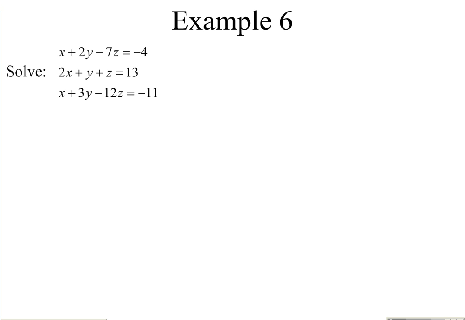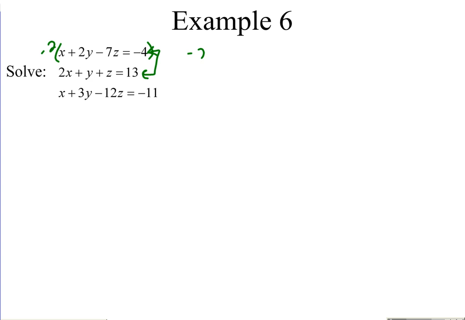Number 6. All three variables represented in all three equations. I'm going to eliminate x's here. So if I'm going to eliminate x's using these top two equations first, I need to multiply the top equation by negative 2.